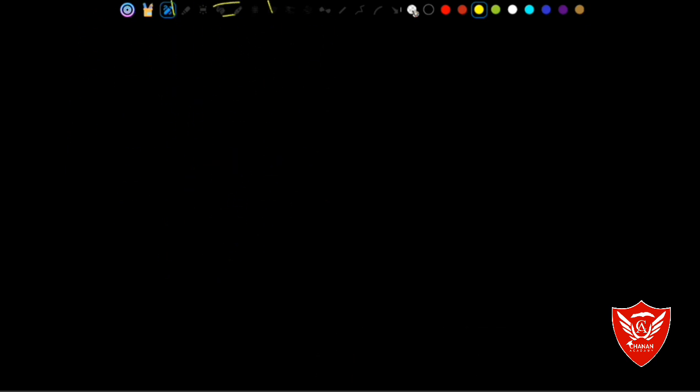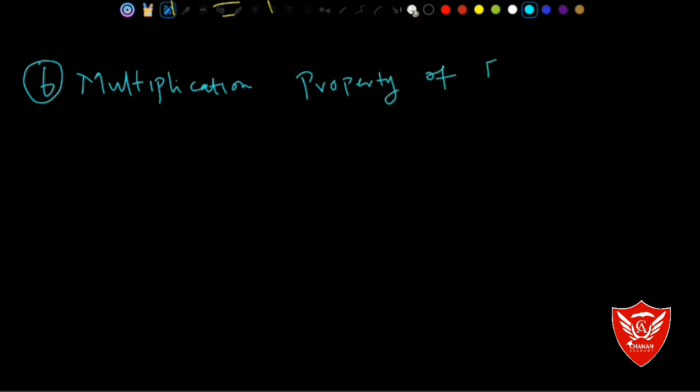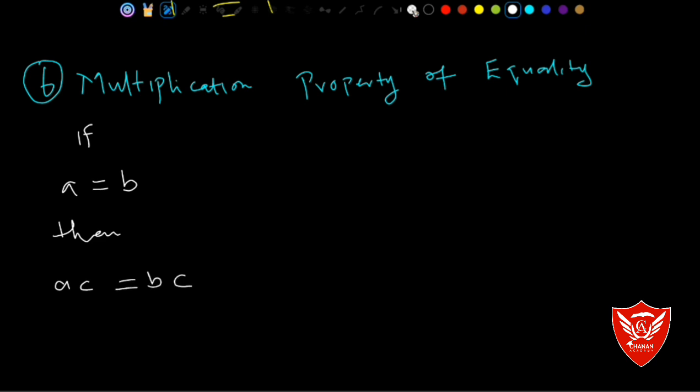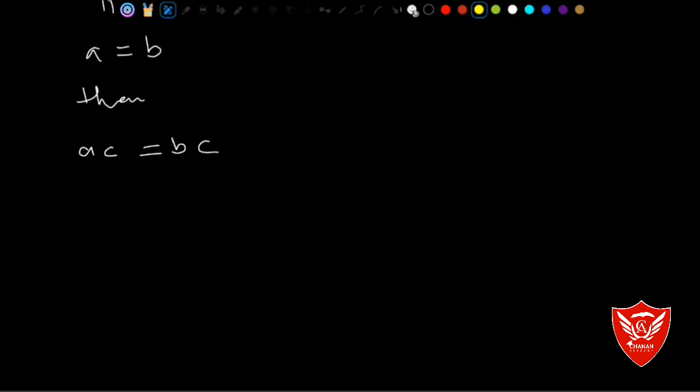Alright, so let's go to the next one, the multiplication property of equality. Now, the multiplication property of equality says if A is equal to B, then A multiplied by C is equal to B multiplied by C. So let's say A is 2.